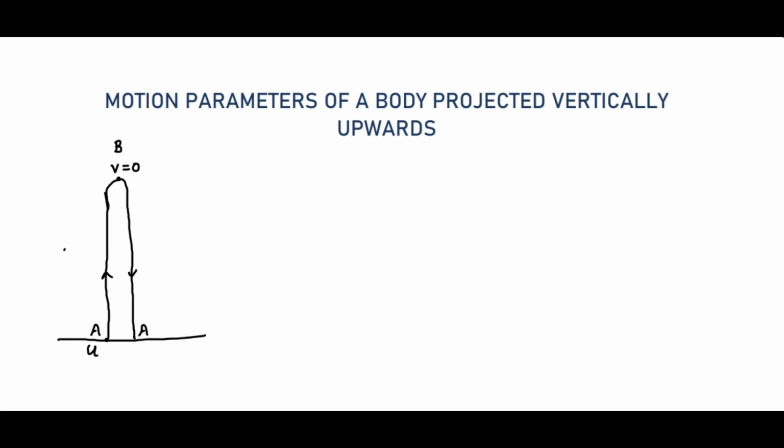The height reached by this body, I am writing H maximum, from A to B. Here, the velocity at the topmost point is a 0 vector.